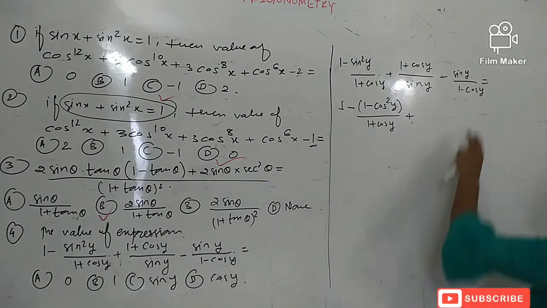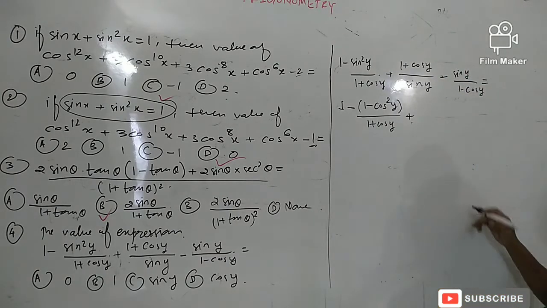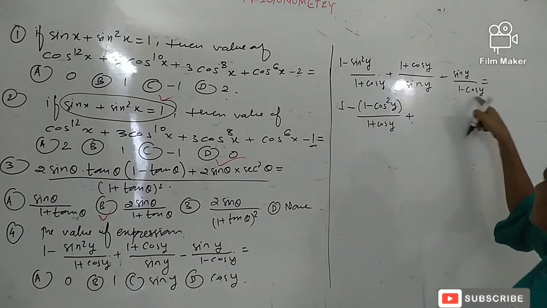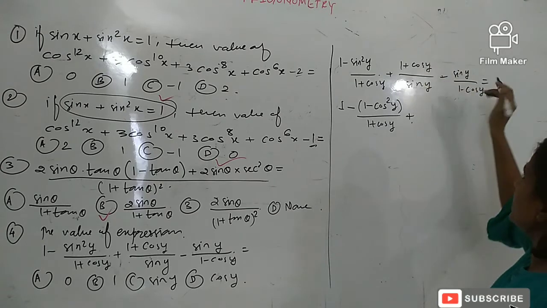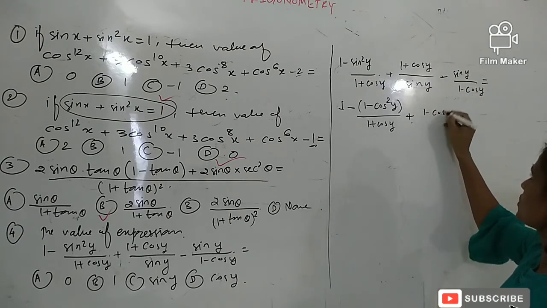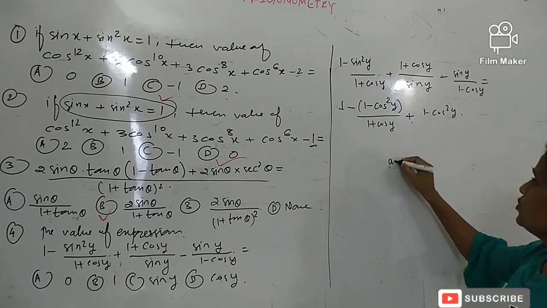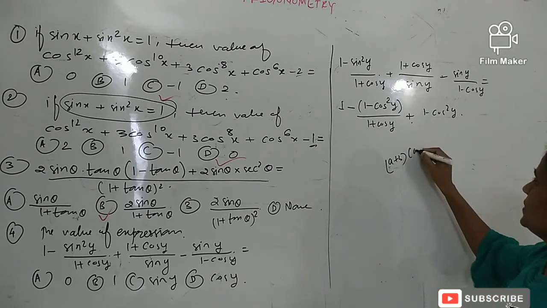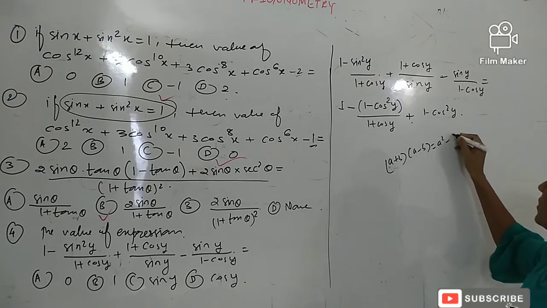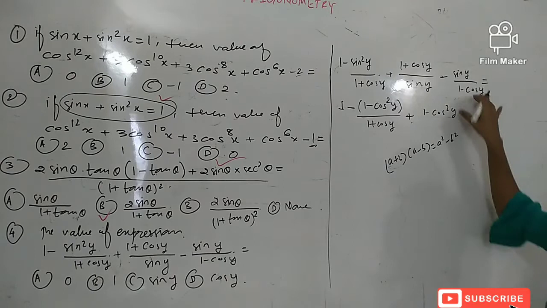Just do cross multiplication here. This is 1 plus cos y and this is 1 minus cos y. After multiplication you will get 1 minus cos square y. Why? Just use the identity that a plus b into a minus b is a square minus b square. Using this you will get this.